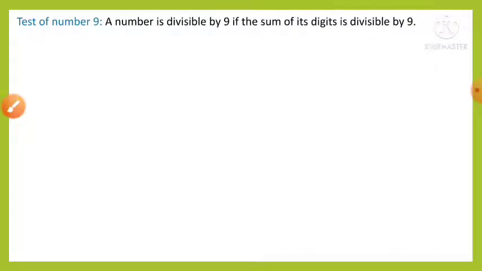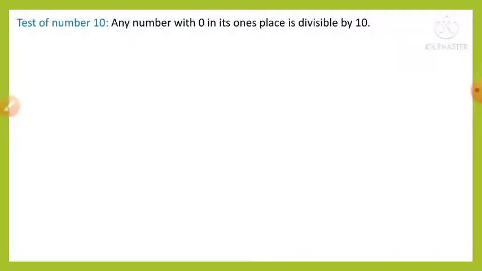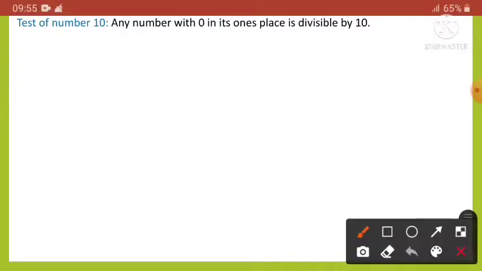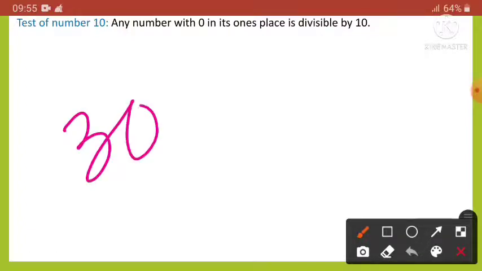Next is the divisibility test of number 10. It is very simple. If any number has 0 in its 1's place, then it is divisible by 10. So to check the divisibility test of the number 10, we have to look at the 1's place. If it is 0 at the 1's place, then it is divisible by 10.